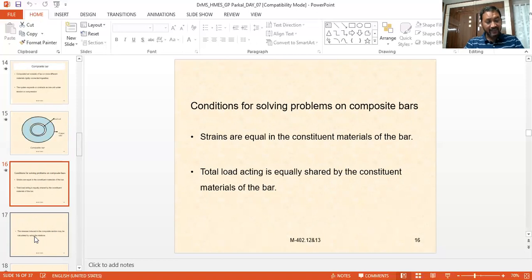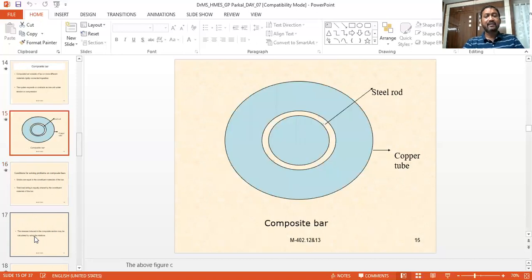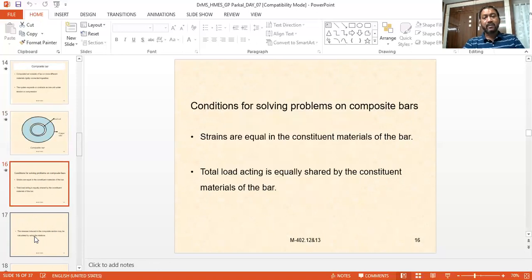The first one is that the strains are equal in the constituent materials of the bar. Here, in this example the steel rod and copper tube are both joined together, and some amount of load is externally applied to this composite bar.